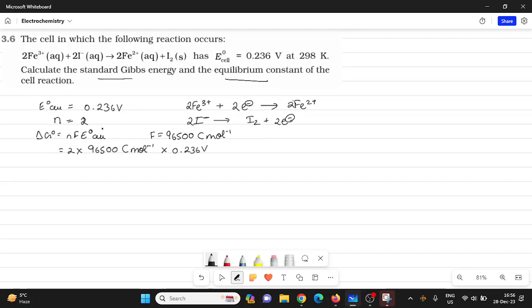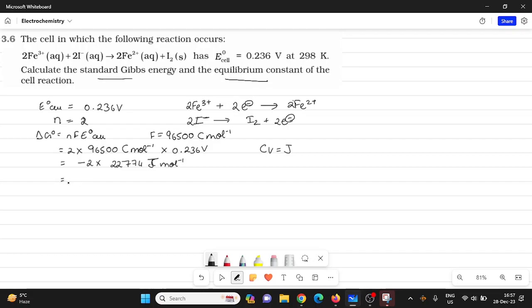So CV equals 1 joule. So this is equal to minus 2 into 22774 joules per mole.